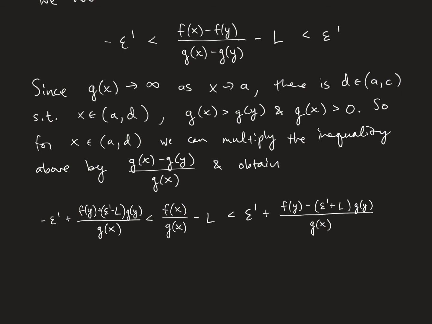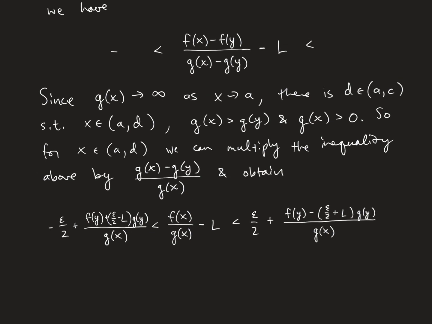So basically the details here now are, we just need to make this thing less than epsilon over 2, and this thing less than epsilon over 2, and we'll take our epsilon prime to be epsilon over 2. Then if this thing is less than epsilon over 2, the sum of these two can't exceed epsilon over 2 plus epsilon over 2, which is epsilon, and similarly for this quantity over here.